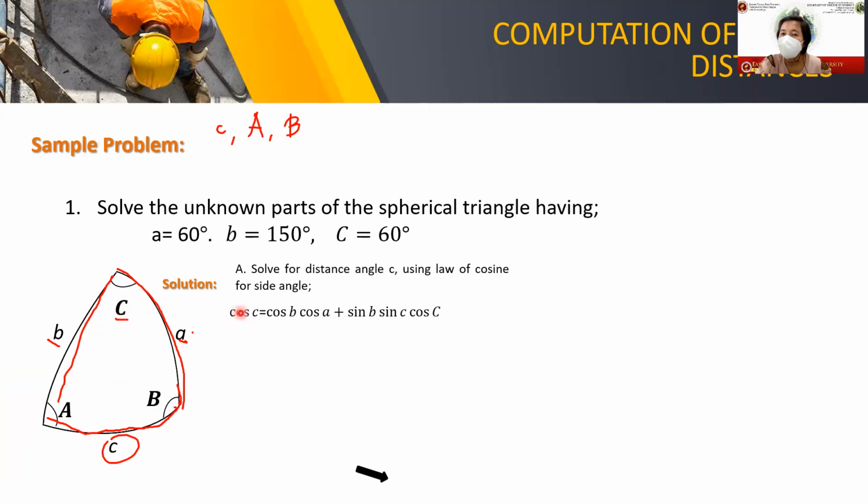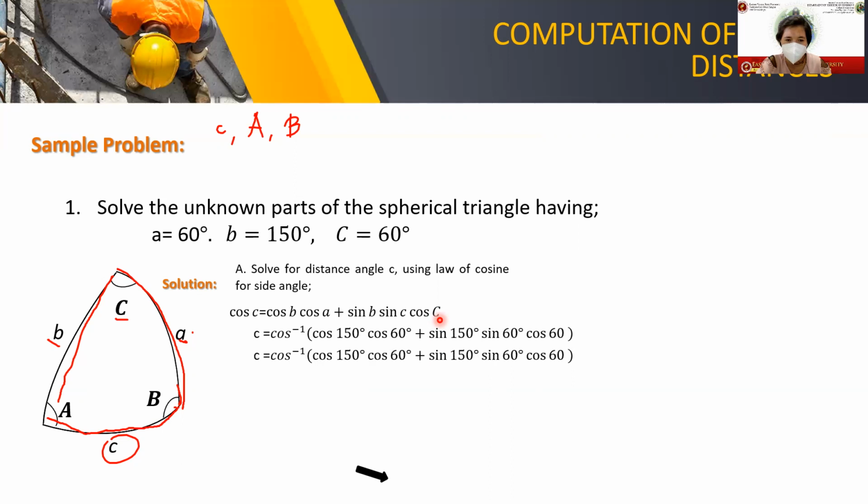We have the side angle side. So just substitute the values of A, B, and C. Then C is equivalent to 102 degrees, 30 minutes, and 14.1 seconds.